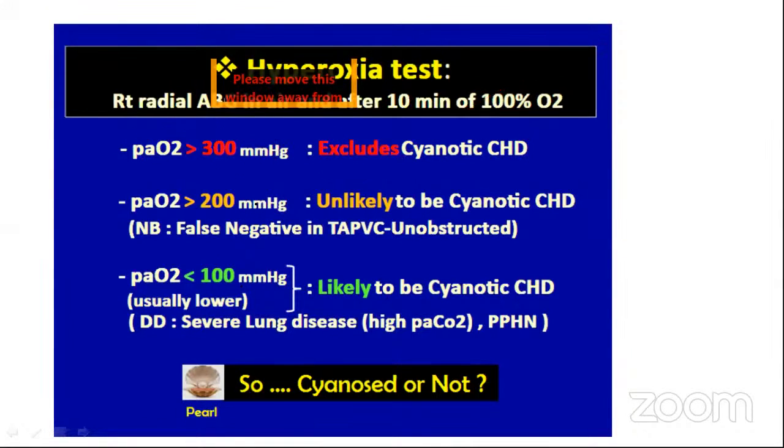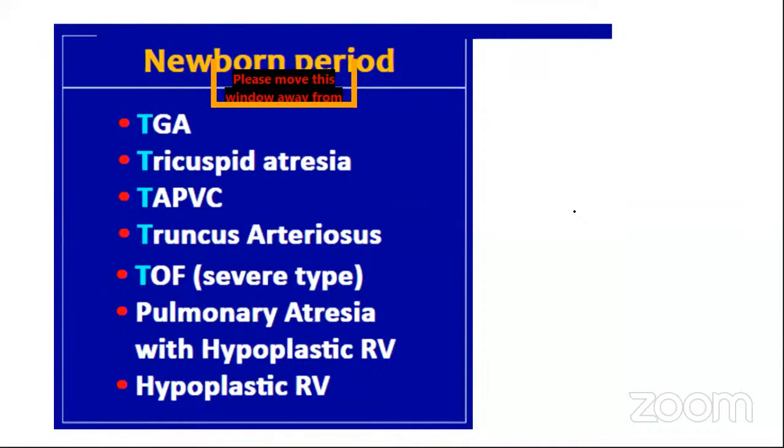If it is more than 200, it is unlikely to be cyanotic congenital heart disease. If it is less than 100 or even lower, it is most likely a cyanotic congenital heart disease, because there is a shunt happening. This is very important in pediatrics. Whenever you see a child, you do this and determine whether it is a cardiac or respiratory cause.